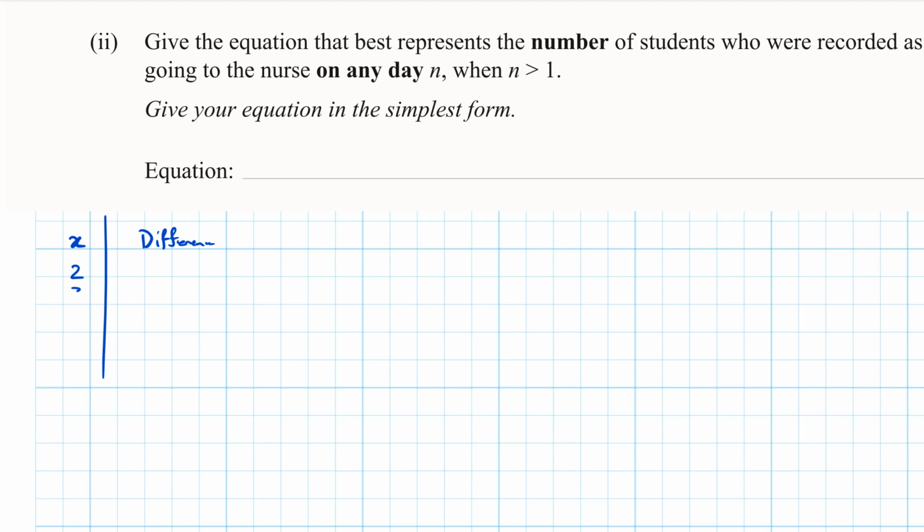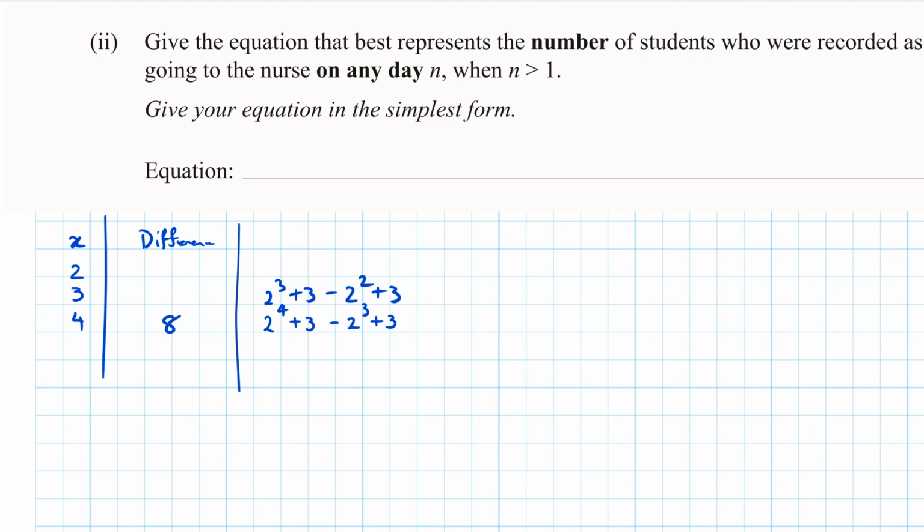So we got 2nd day, 3rd day, 4th day. Now for the 4th day, we just worked out the difference to be 8. And the way we worked it out was we went 2 to the power of 4 plus 3 minus 2 to the power of 3 plus 3, all right? So if you look at the third one, what we're going to get is 2 to the power of 3 plus 3 minus 2 squared plus 3.